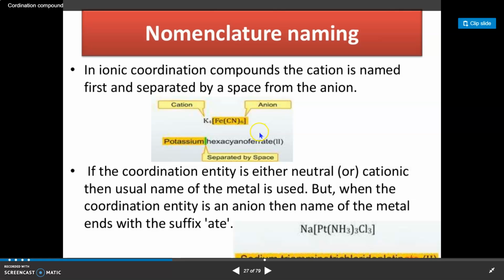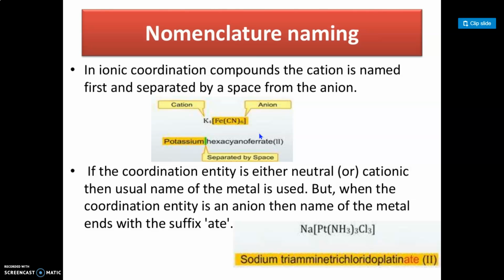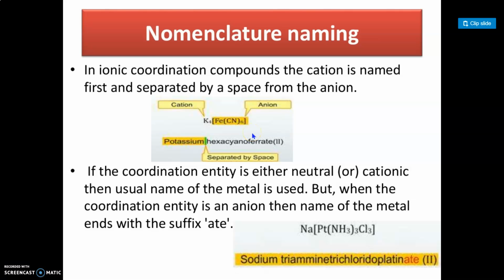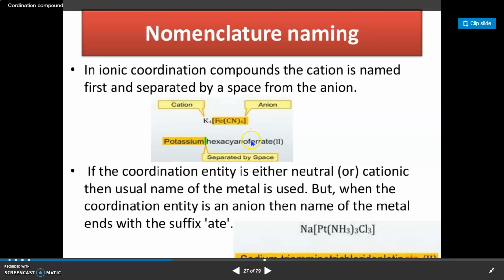Now next, naming the ligand. The central metal ion in a complex is surrounded by negative, positive or neutral ligands. For the ligand carrying negative charge, the name has a characteristic ending using o.